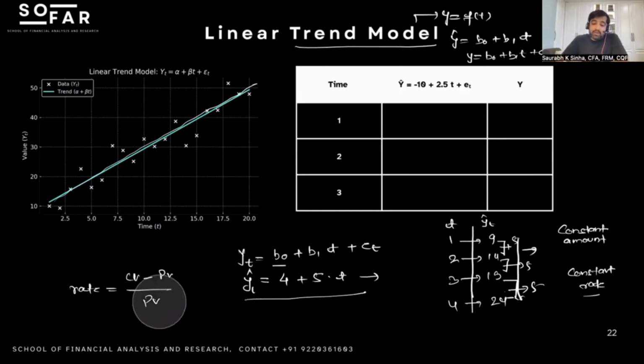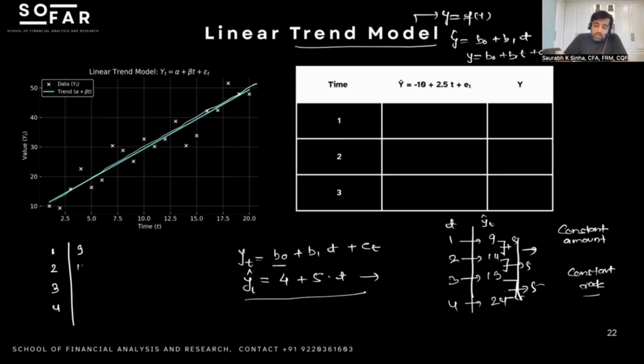Actually, if you look carefully, there is a decreasing rate in this one. Why is it a decreasing rate? Because you have written 1, 2, 3, 4, 9, 14, 19, 24. Let's try to find out the rate here. 14 minus 9 upon 9 is going to be 5 upon 9.